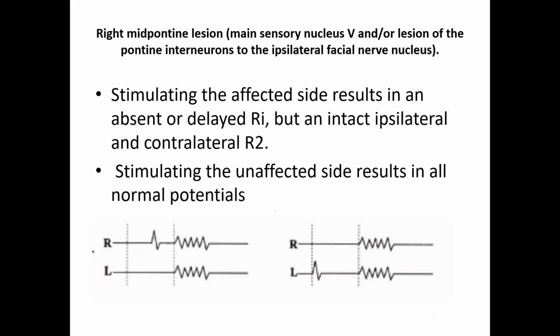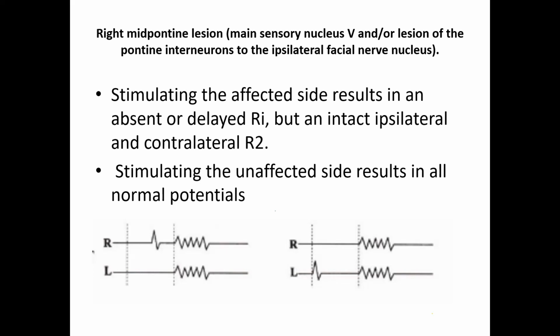Okay, that means the afferent is there, but it is not giving conduction to the efferent. Correct? Yes, ma'am. So that is why the same-sided R1 is impaired, but intact ipsilateral and contralateral R2 will be there.